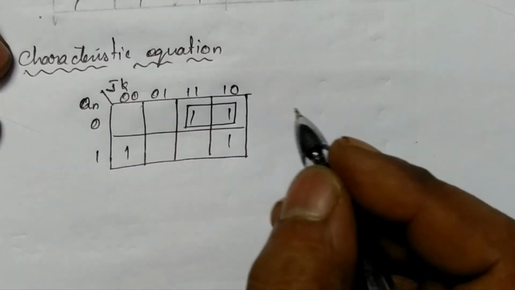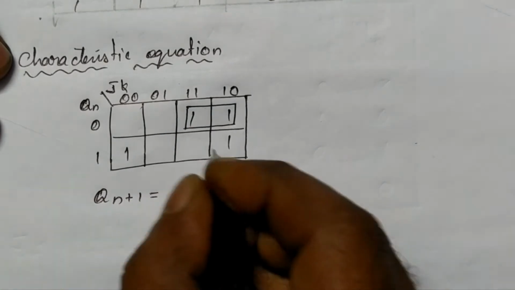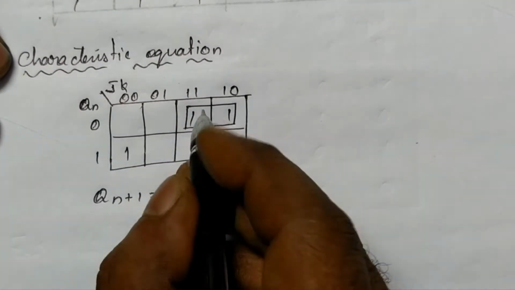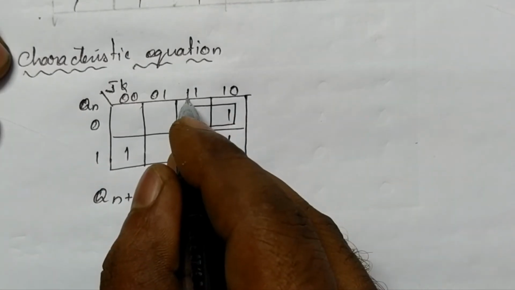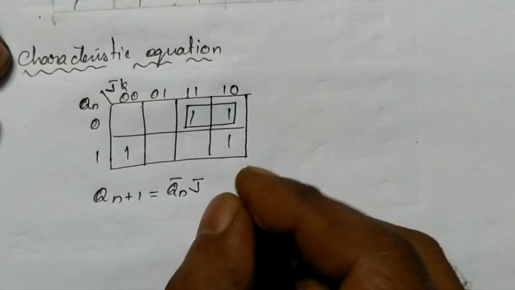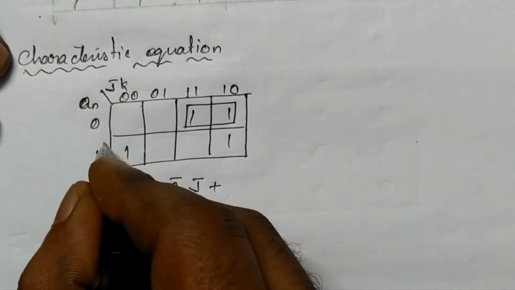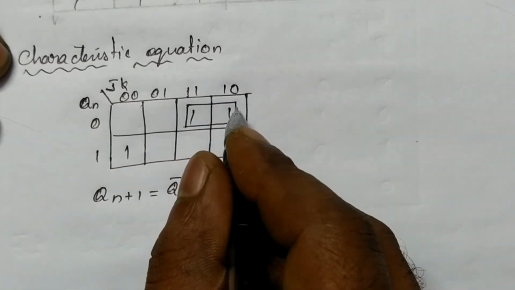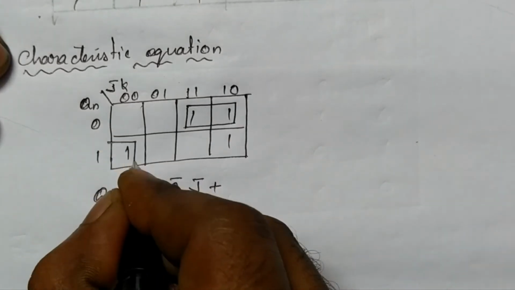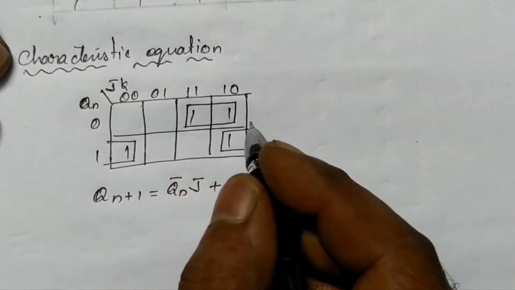pair, therefore Q N plus 1 is equal to, here on the left side is Q N bar. Between these two, J value is 1, therefore here J plus, here we can form it as a group, but here it will be redundant when we go for grouping these two, therefore that group should be avoided.